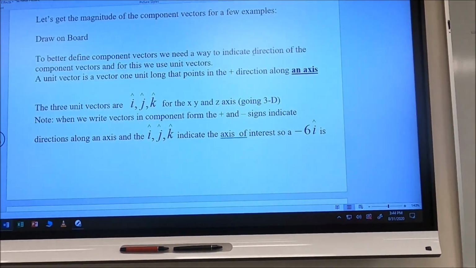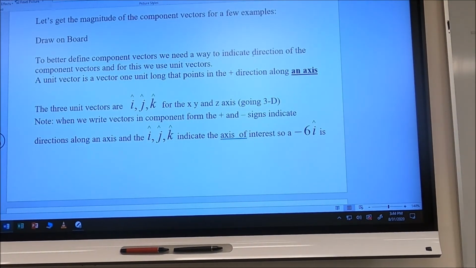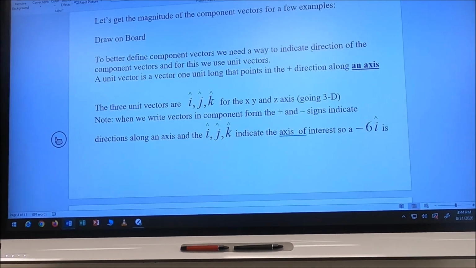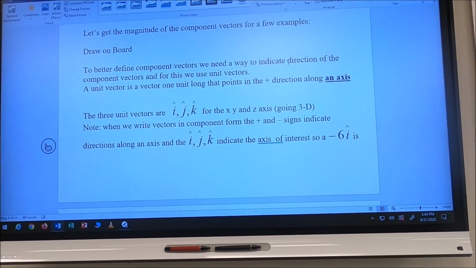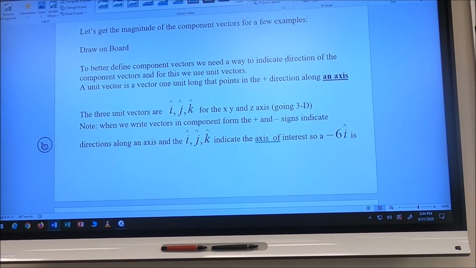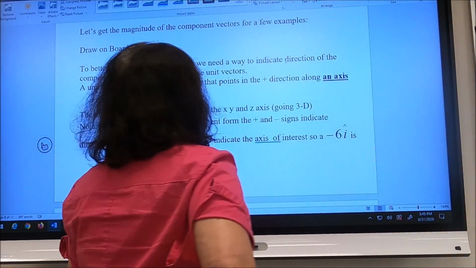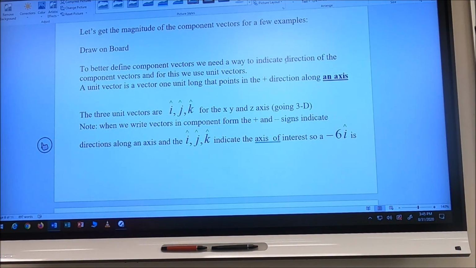Now, remember that physics is very concerned about directionality. Remember that velocity is not only interested in how fast you're going, but it's interested in what direction you're going. So to indicate direction for component vectors, we have what are called unit vectors: the I unit vector, the J unit vector, and the K unit vector.